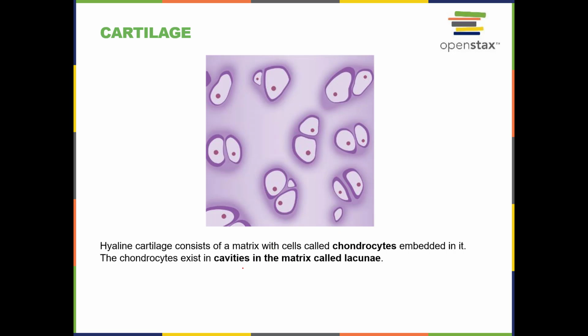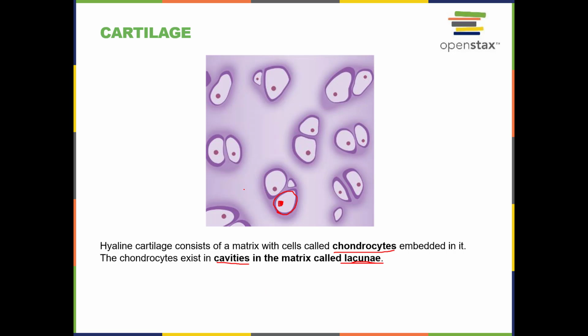Cartilage. Cartilage has cells called chondrocytes, and the chondrocytes exist in little spaces called lacunae. So this is your cell here, and this is the space.